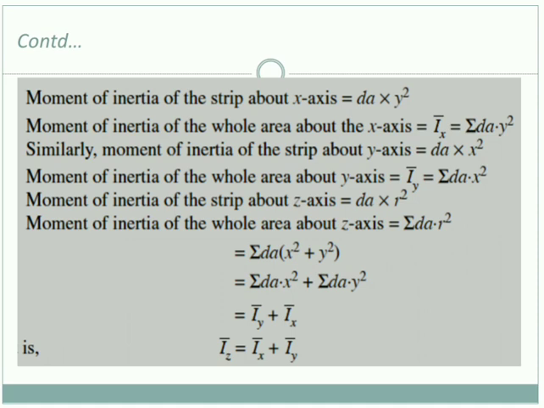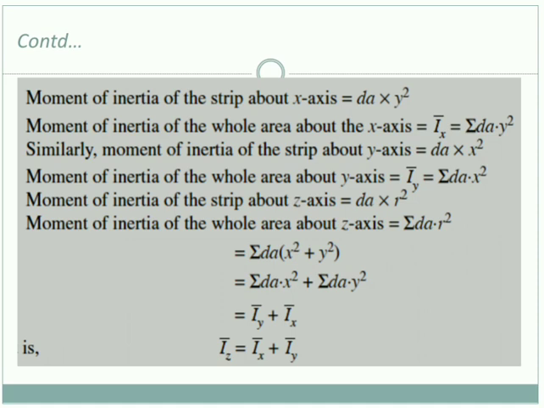So friends, in this lecture we have studied two theorems, the parallel axis theorem and the perpendicular axis theorem. In the parallel axis theorem we saw that if two axes are parallel and one of them is a centroidal axis, how easily we can obtain the moment of inertia about the other axis, which we got as I11 is equal to Ixx, which was our centroidal axis, plus A into y bar square.